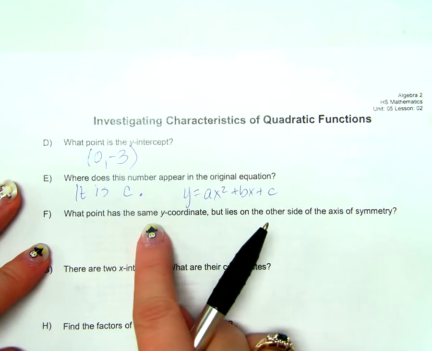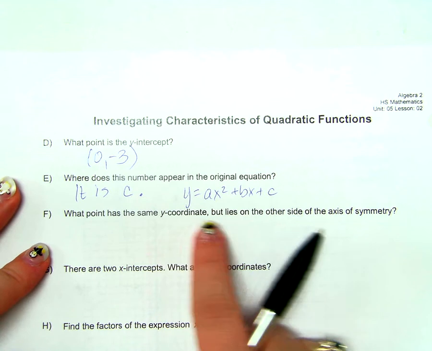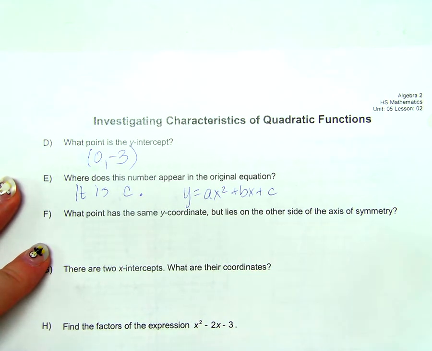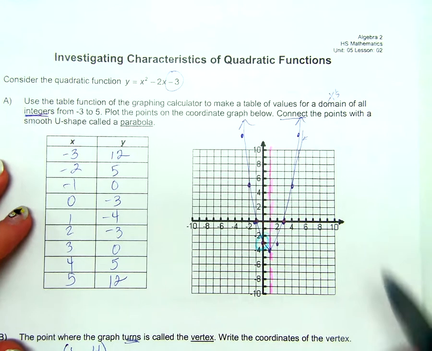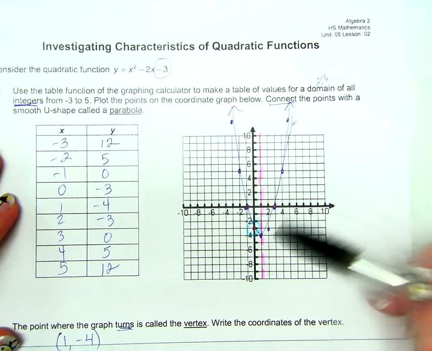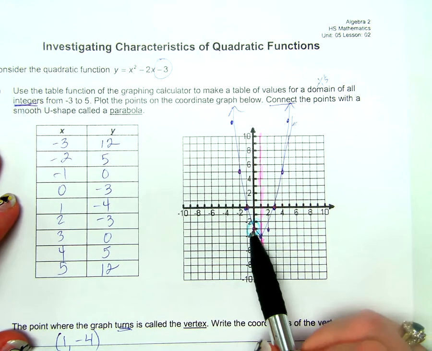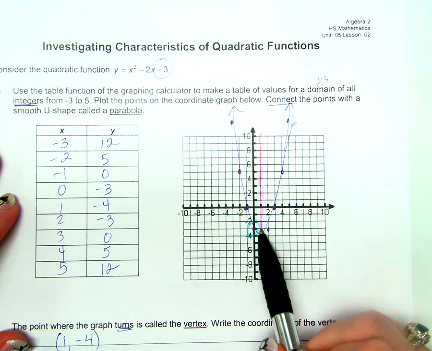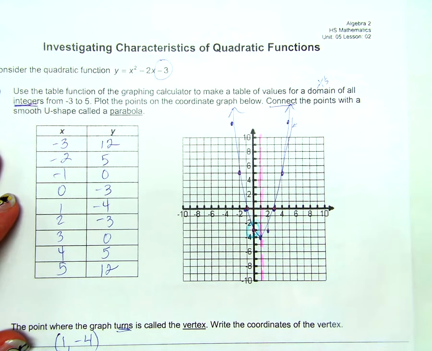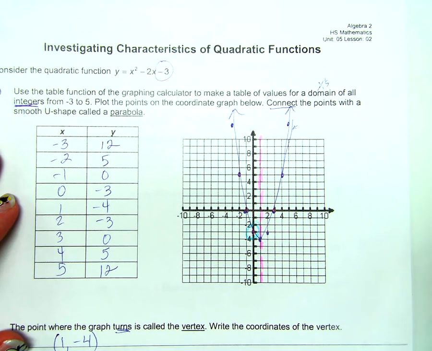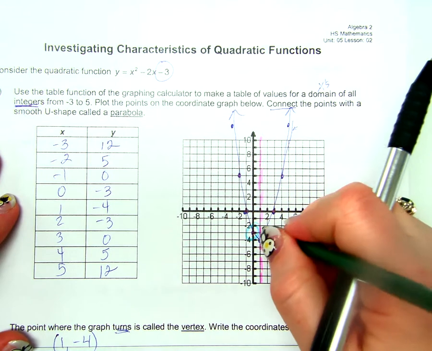So what point has the same y-coordinate but lies on the other side of the axis of symmetry? Well, here's the y-intercept, here's the axis of symmetry, so where's the point opposite that? Right here, right? So right there.